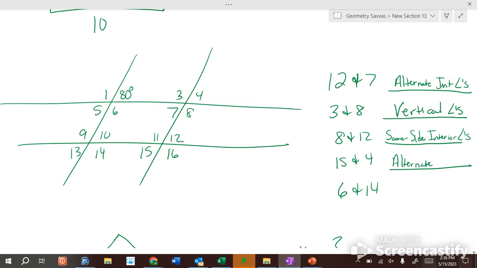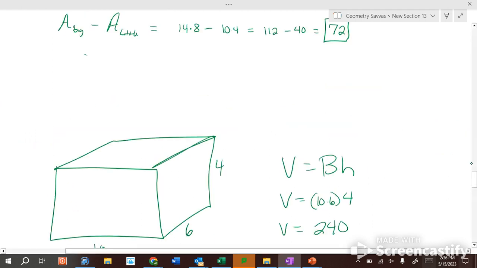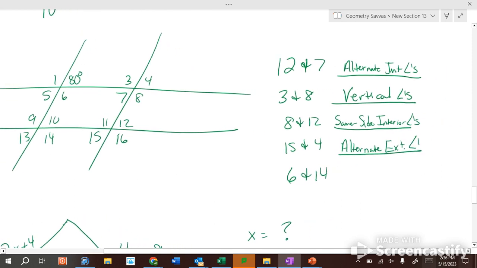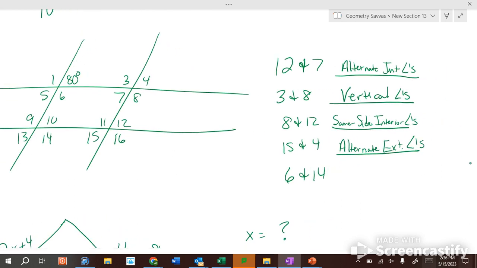Alternate exterior angles. Now 6 and 14.